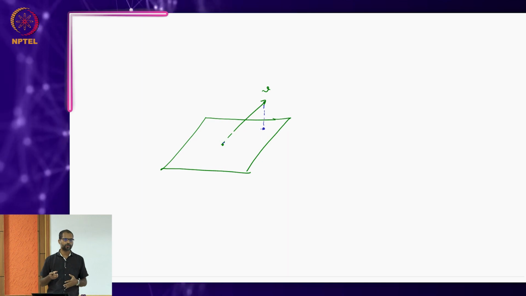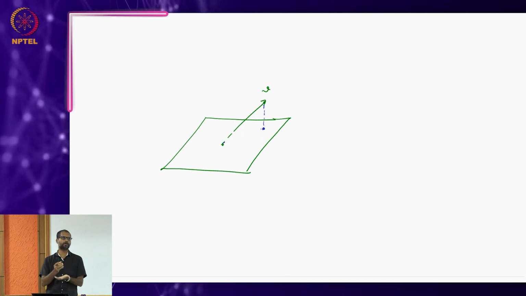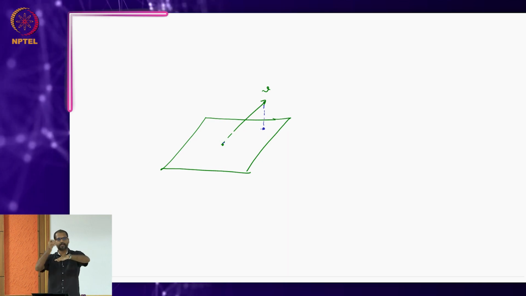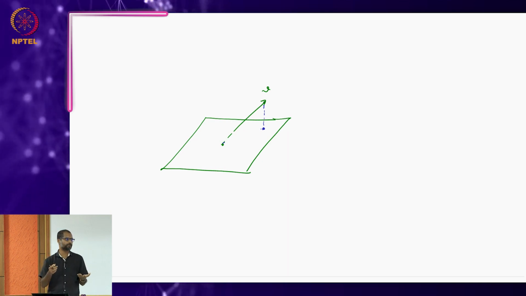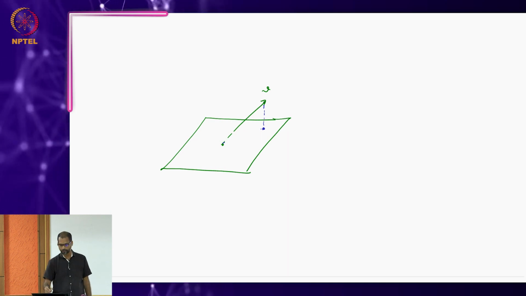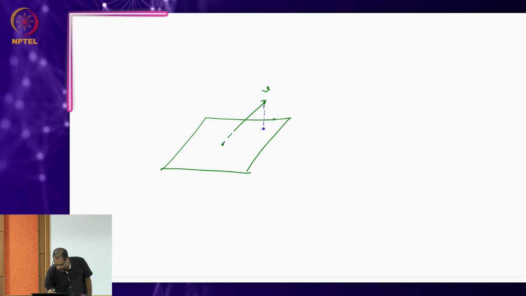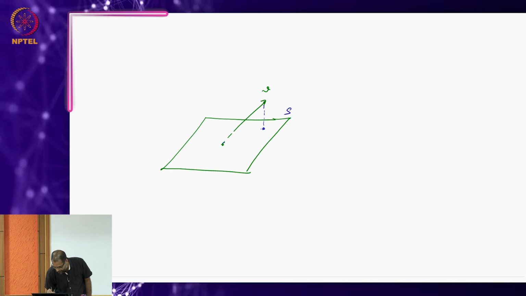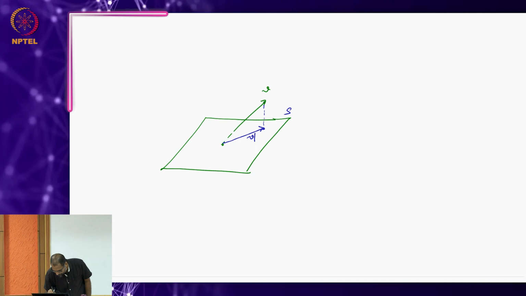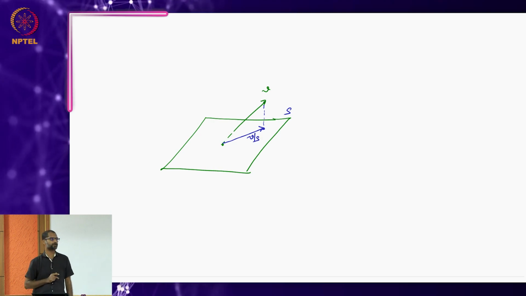So you understand when a line is perpendicular to a plane, right? Which means any line you draw on the plane, this vertical line is going to be perpendicular to that. And this blue point here is called the projection of V, and let's say if I call this surface some S, this vector here I will denote as V's projection onto this surface.